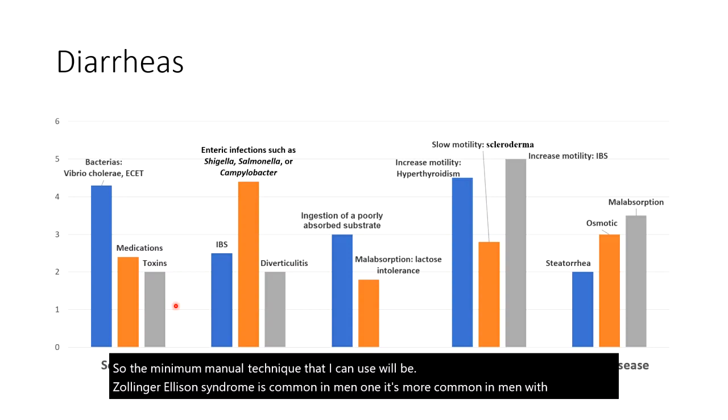This is a chart that I did to talk a little bit about diarrheas. So the first 3 columns are indicating secretory diarrhea. Let me use my pen, because we're not seeing it. These are secretory diarrhea.